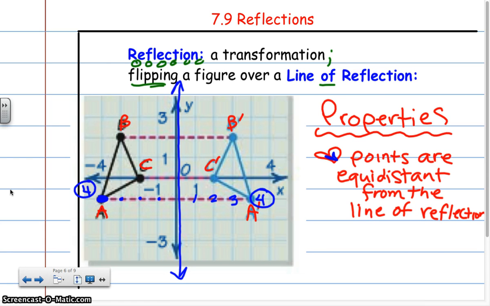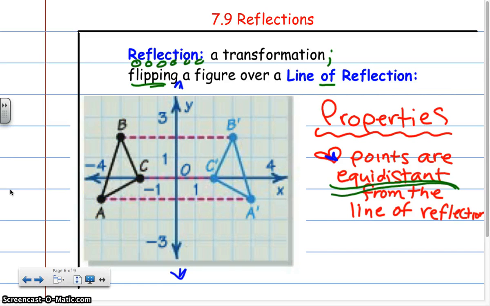Notice B is 1, 2, 3 spots from the line of reflection, so B prime is 1, 2, 3 spots from it. Same works with C. The original C is 2 spots from its line of reflection, so C prime is also 2 spots from the line of reflection. That gives you that visual that points are equidistant from their line of reflection.